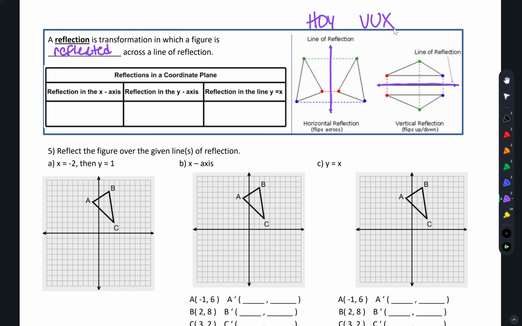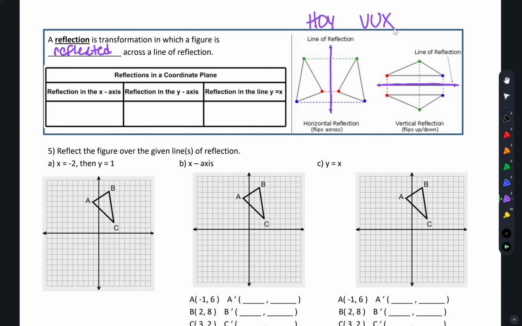We will see a lot of equations like y = 3, x = -4, and we'll have to be able to graph those. So HOY-VUX helps us remember how to graph horizontal and vertical lines. We also have 3 very common reflections, and their transformation functions can be memorized to help us out a little bit.